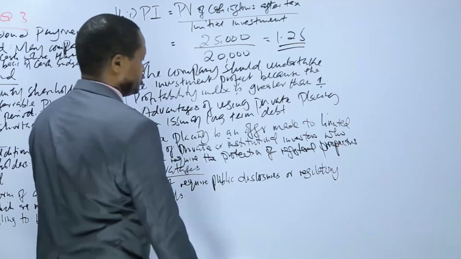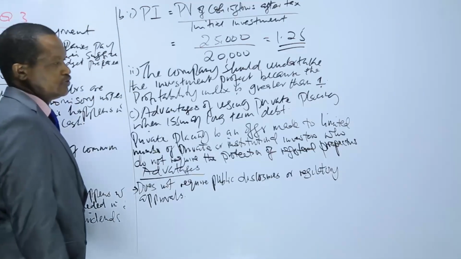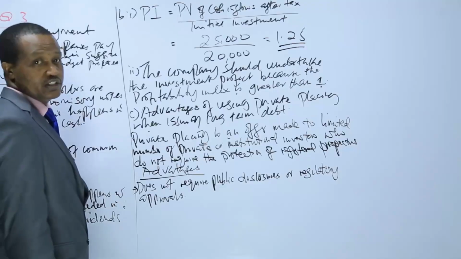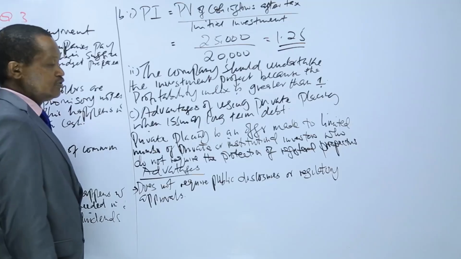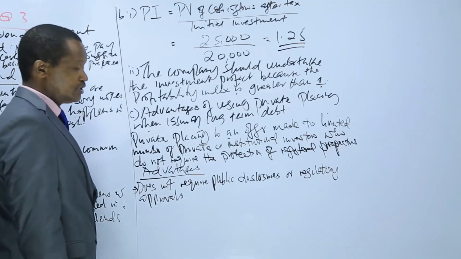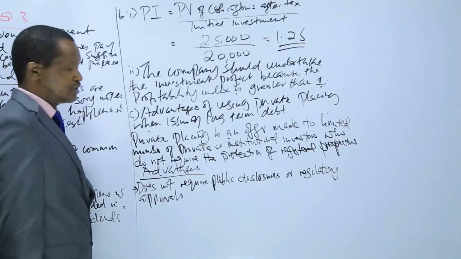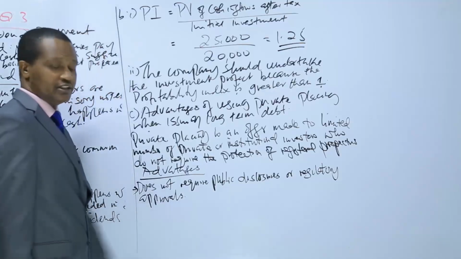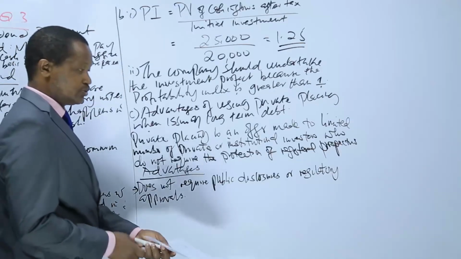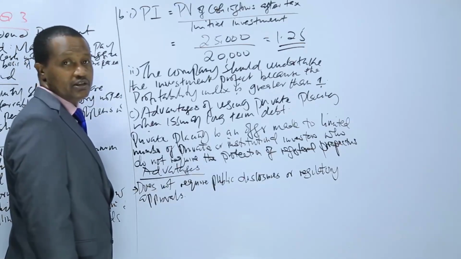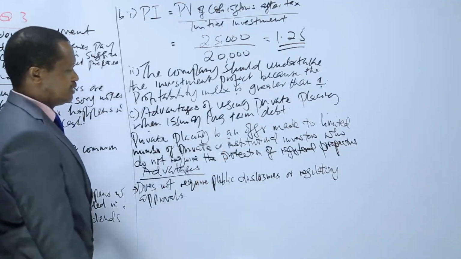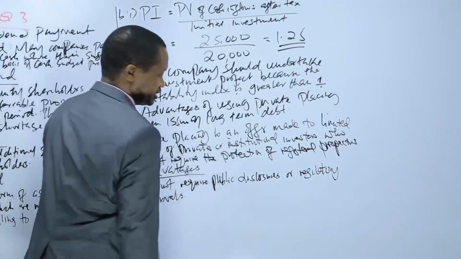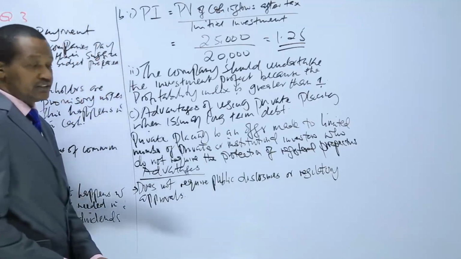For you to make a public placing, you have to get approval from the Capital Markets Authority. You need to get approvals and follow procedure as laid down. If it's a public, listed company, then you also have to get approvals from the Nairobi Stock Exchange and all that. But for private placing, disclosures and regulatory approvals are not necessary.